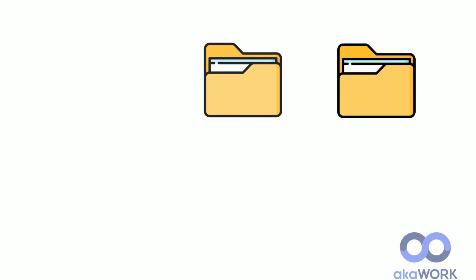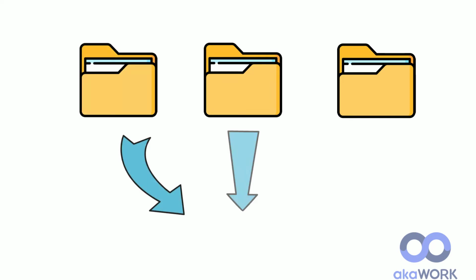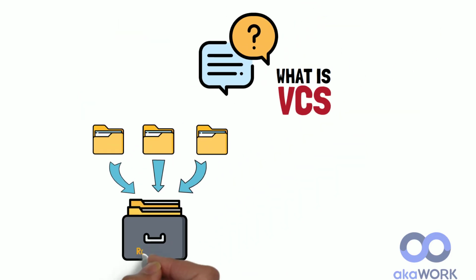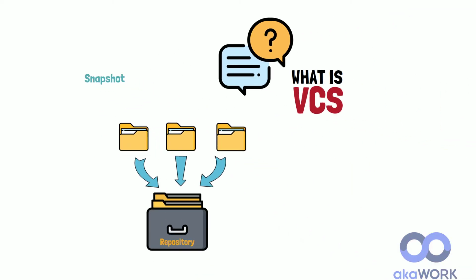The main purpose of a version control system is to allow developers to check in their files into a repository and store all history changes in the repository. For example, we can add 3 files into a repository. Then we can create a snapshot, or a historical record, of all the files that we're working on.